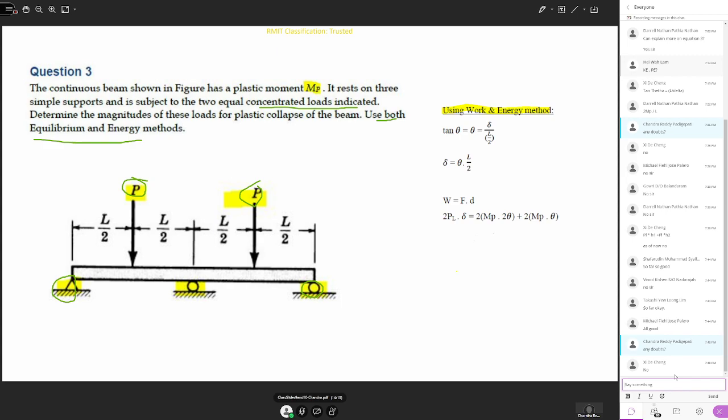Okay, so we can use the work and energy method here. You need to first draw the collapse mechanism. The collapse mechanism you can basically visualize if you see the deflection curve. The maximum deflection will occur exactly where the load is concentrated.